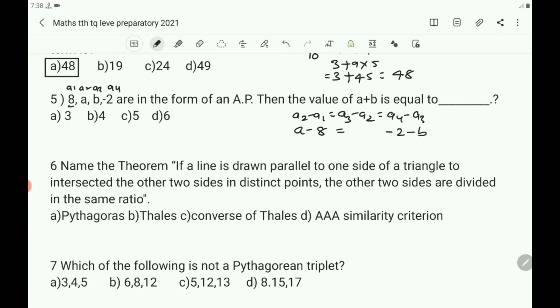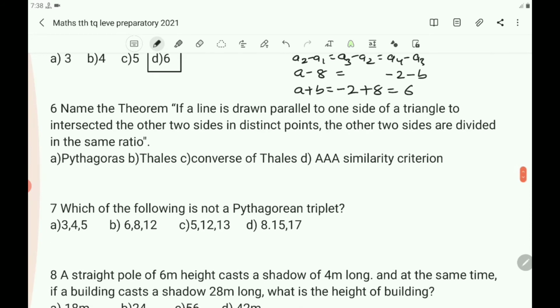Then you transfer this -b to the LHS and -8 to the RHS. Then it becomes a + b = -2 + 8, which is equal to 6. So option D is the answer.